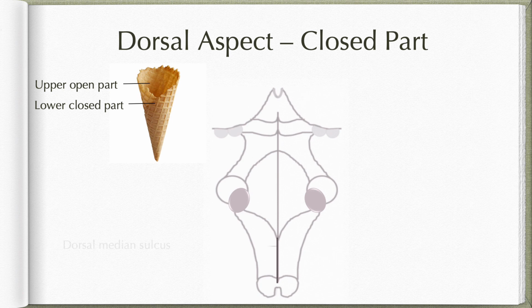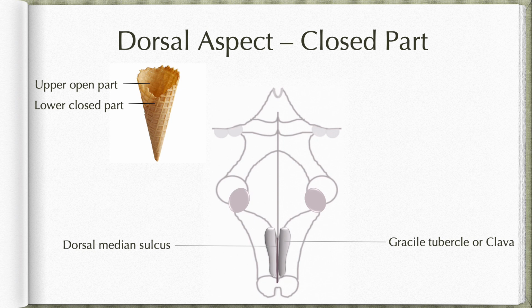We find the dorsal median sulcus along the midline, which is continuous with the same-named sulcus on the spinal cord. On either side of this dorsal median sulcus, we see two elongated elevations, which are called the gracile tubercles or clava. They overlie the nucleus gracilis, into which the fibers of the fasciculus gracilis terminate.